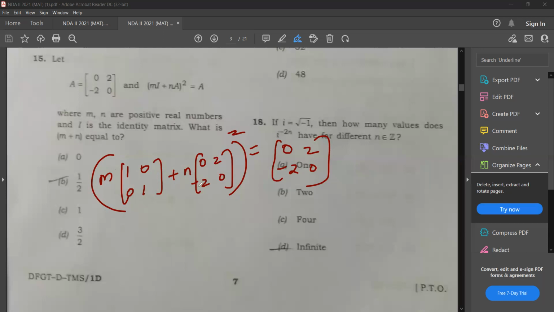If m plus n is equal to 0, just open the bracket and see: this will become [m, 0; 0, m] plus [0, 2n; minus 2n, 0], the whole square.